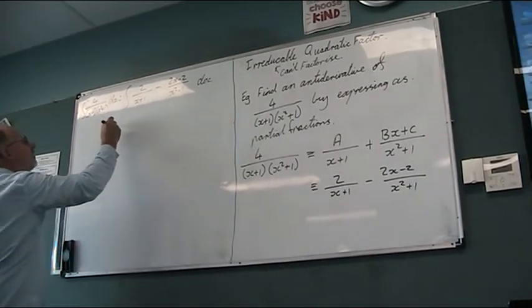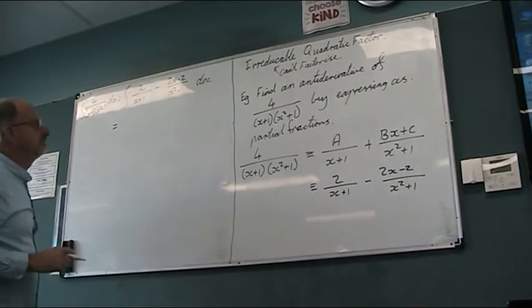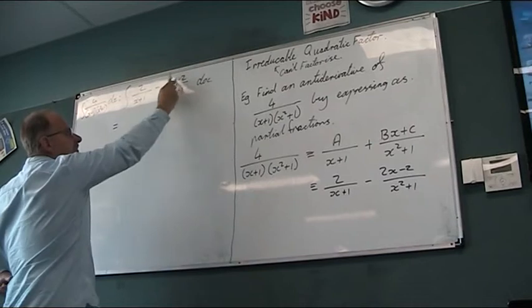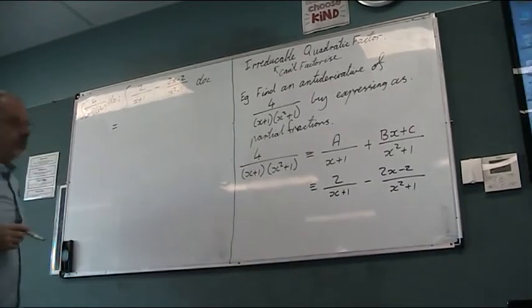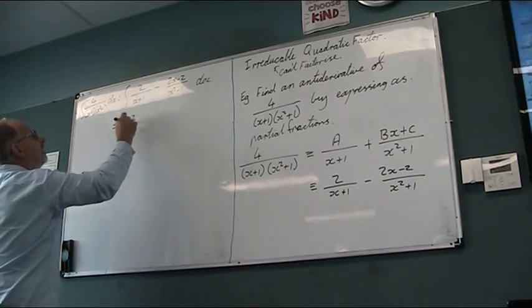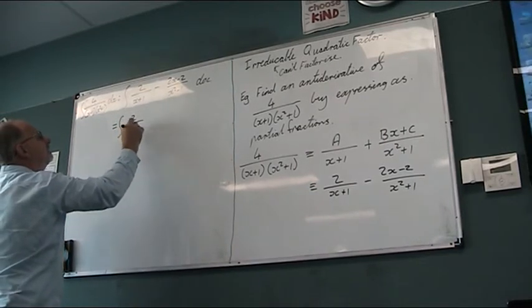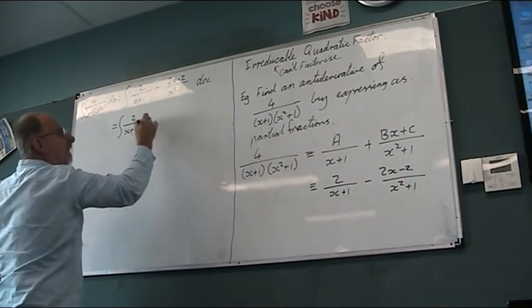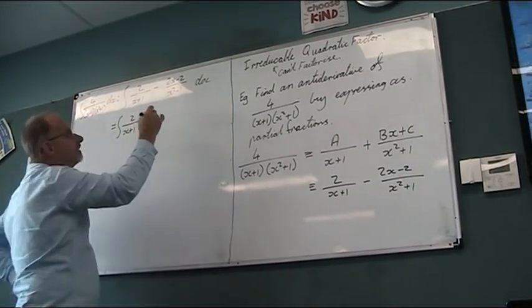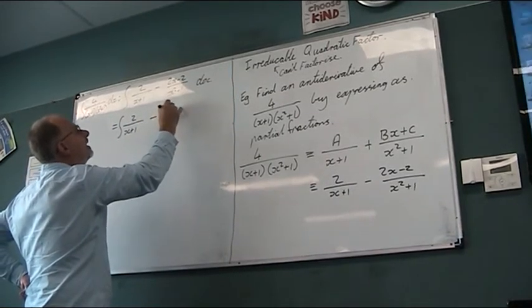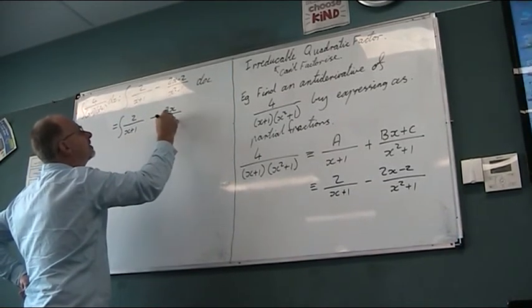Now, what else I also need to do is split this up into two bits. So, minus 2x on x squared plus 1.